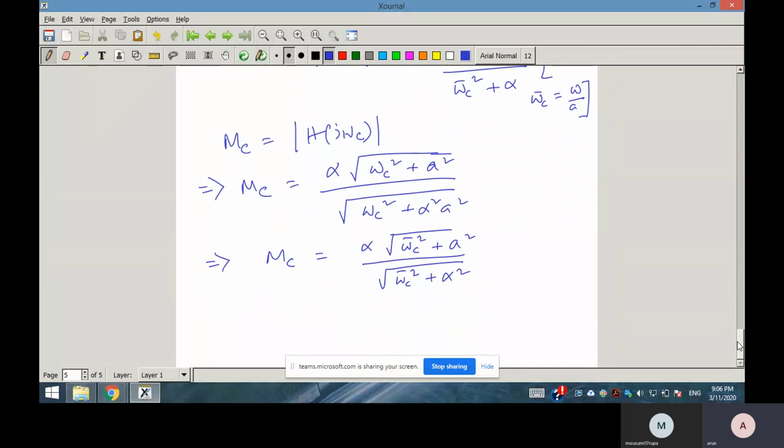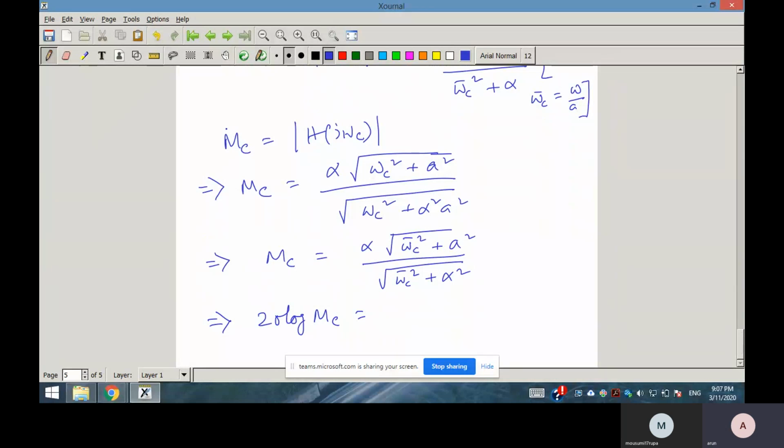Now, before defining further, I will just compute this one. 20 log of Mc, that is in dB.